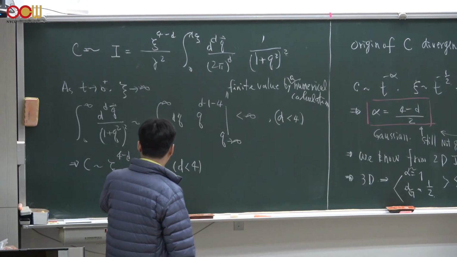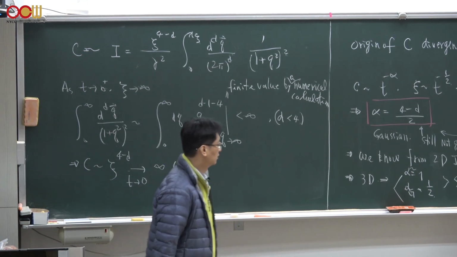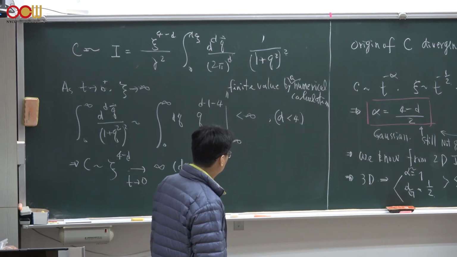So we could actually extract this kind of a divergence in specific heat as the temperature reaches the transition temperature.